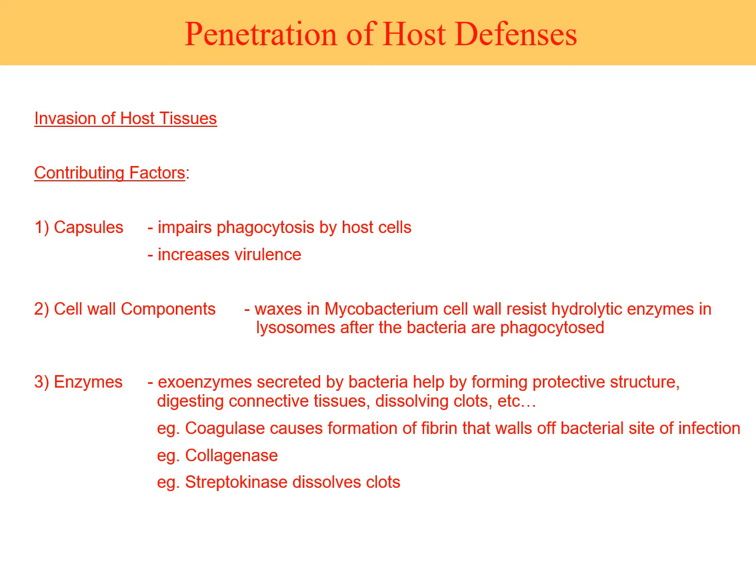Then lysosomes containing hydrolytic enzymes will fuse with the phagosome, and you get a phagolysosome, and it'll normally break down the bacteria. But if it's a bacterium like Mycobacterium leprae or tuberculosis, then it'll be protected by the wax in the cell wall.